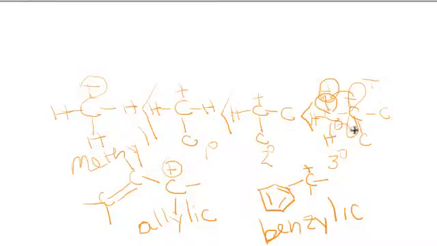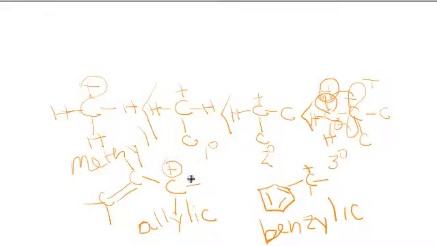So sigma bond to p orbital stabilization is often called hyperconjugation. It's not real conjugation. You can't draw resonance structures for it, but it does show electron delocalization. And the more of these adjacent C-H or C-something bonds next door, the more stabilization you have.